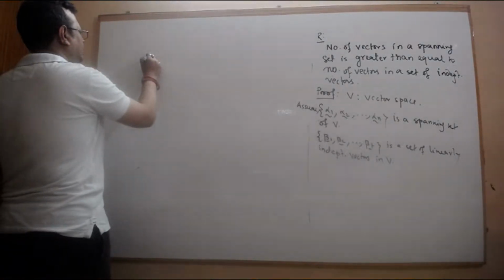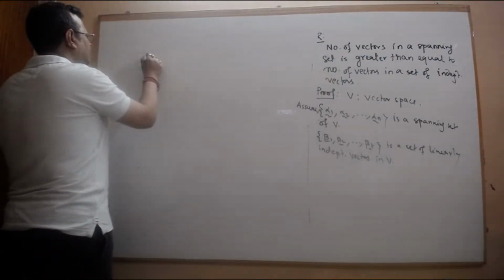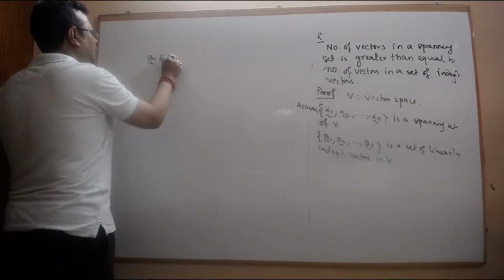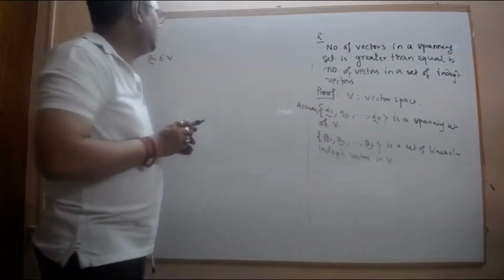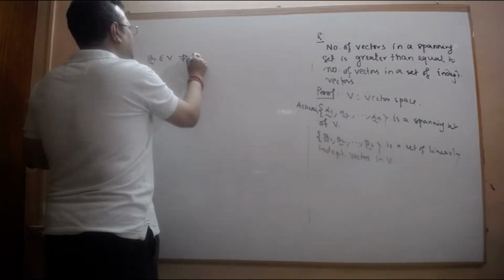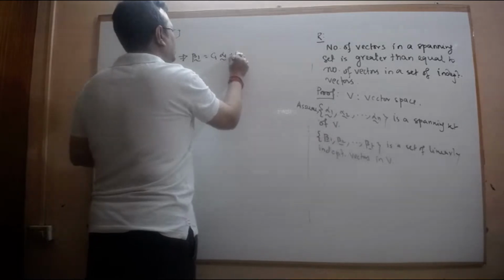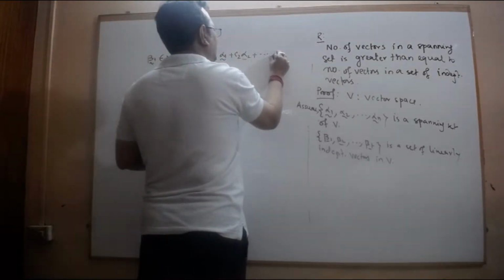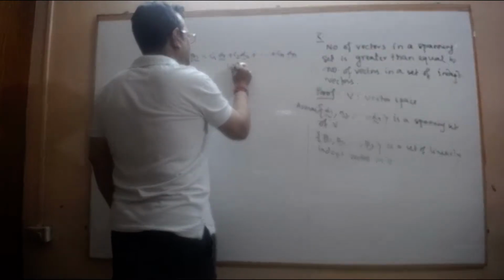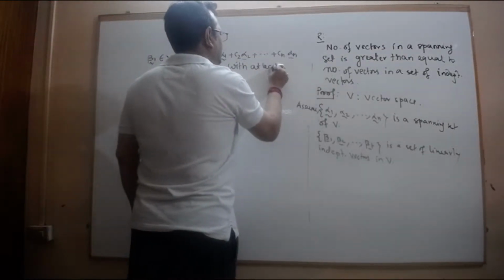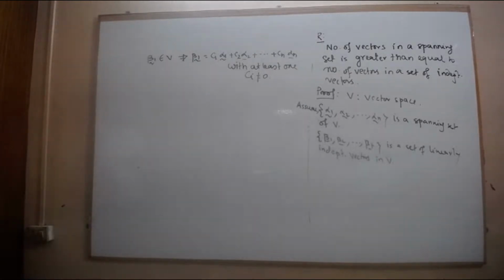Since beta 1 to beta t is a set of linearly independent vectors in V, this implies beta 1 curl belongs to V. Again, alpha 1 to alpha n is a spanning set of V. This implies beta 1 can be written as a linear combination of alpha 1 to alpha n, and obviously at least one Ci is not equal to 0.